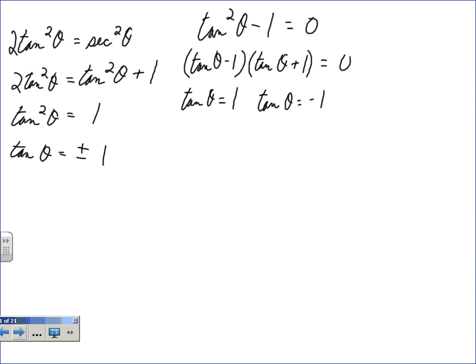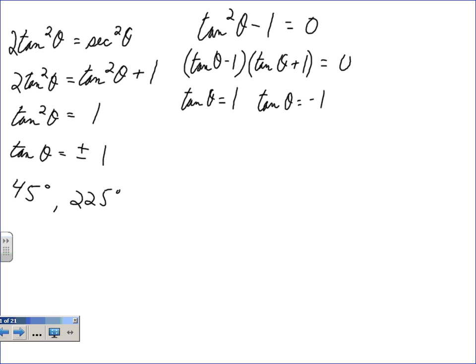So tangent of what angle is 1? 45. What else? 225. First and third quadrant, right? What about for negative 1?